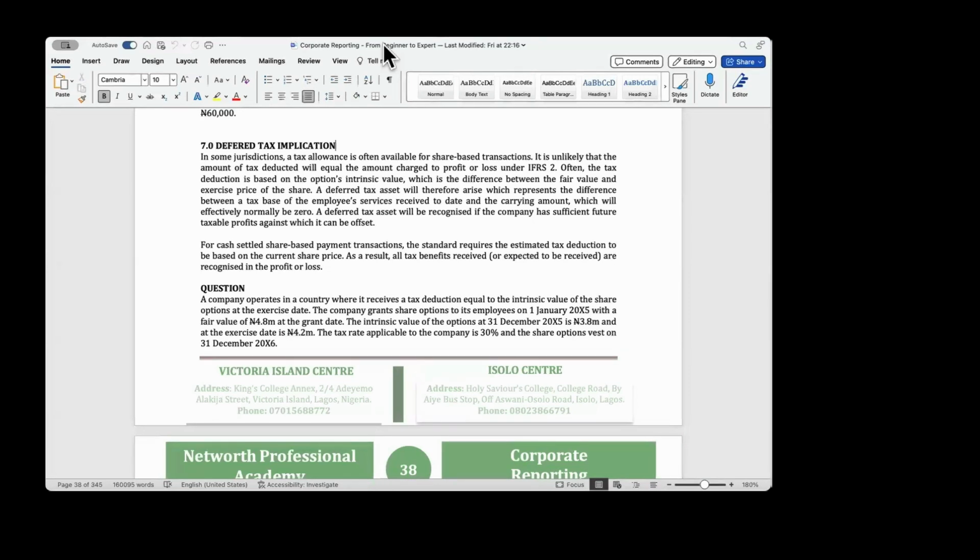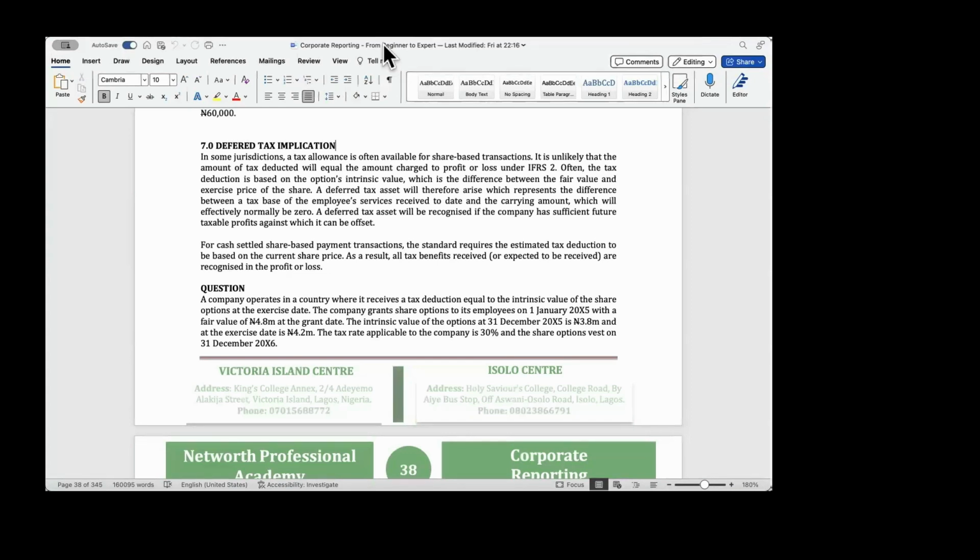Now, that is carrying amount. Tax base. The tax base is what the taxman, or the tax authority, would have in its own books. That is the tax base. For an asset that enjoys capital allowance, the tax base is going to be the cost minus accumulated capital allowance, which is the tax written-down value.